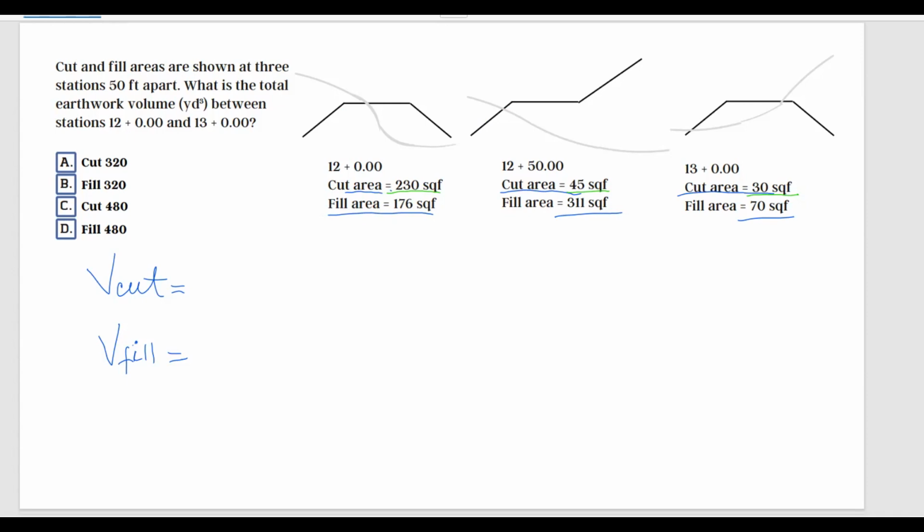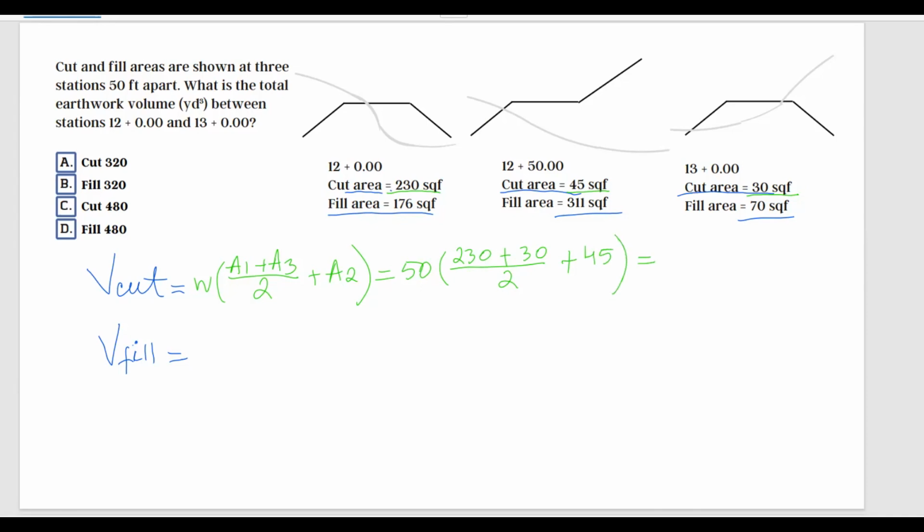We're going to use the trapezoidal rule, and we have a lowercase w multiplied by a1 plus a3 divided by 2 plus a2. So now we have w as 50 feet multiplied by a1, we have 230 plus a3, which is 30 divided by 2, plus a2, which is 45 square feet.